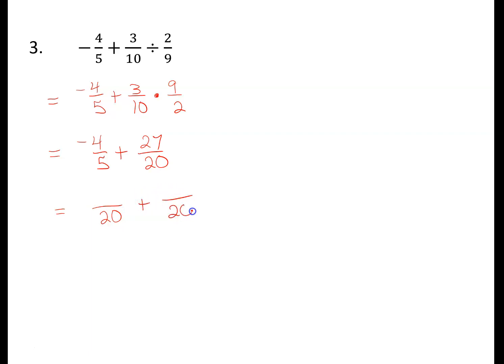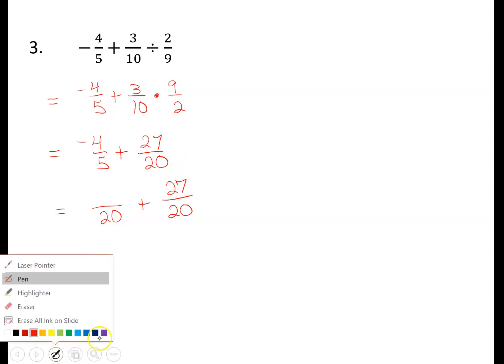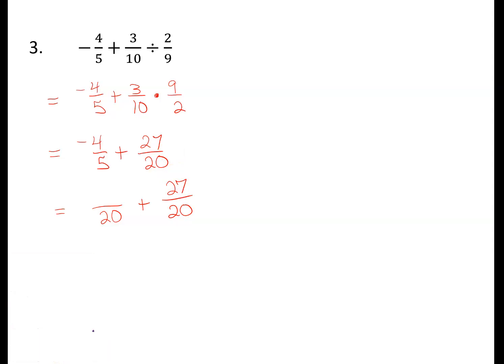So we put that on the bottom of both fractions. And on this second fraction, since it already had 20, we do not need to change its numerator. On the first fraction, to turn 5 to 20, we need to multiply by 4. And so on top, it's -4 times 4, -16.